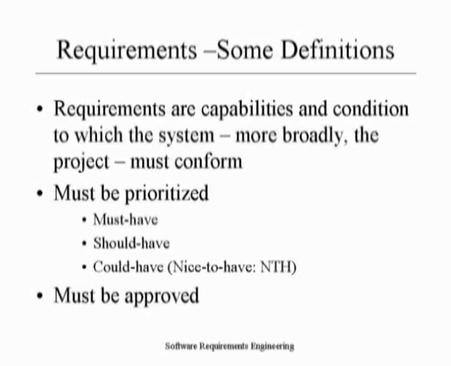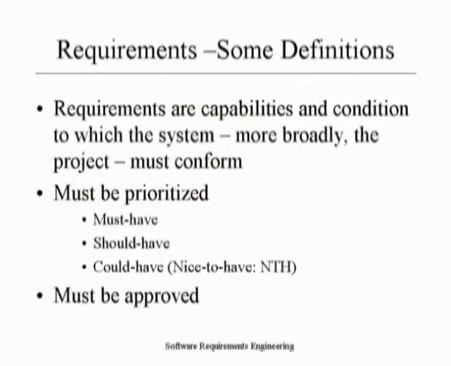First kind of requirements are must have, second kind of requirements are should have, and the third kind of requirements are could have. Could have requirements are basically optional requirements, and must have requirements are mandatory requirements. All requirements must be approved by the concerned people from the project team.